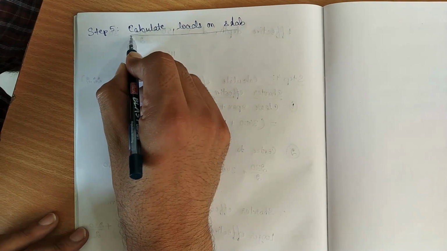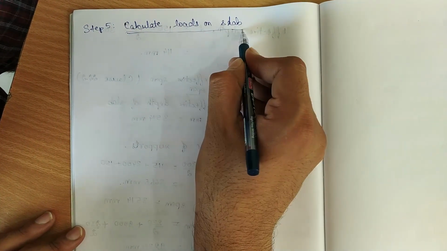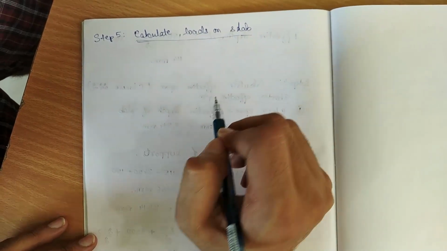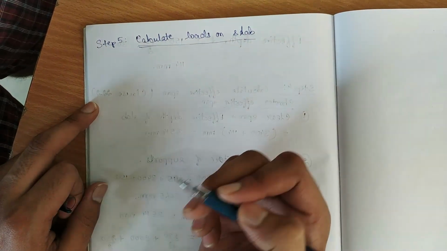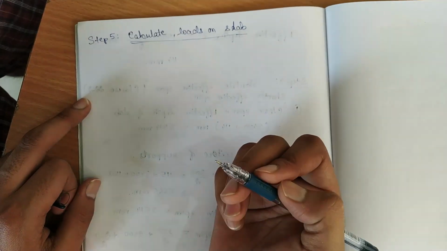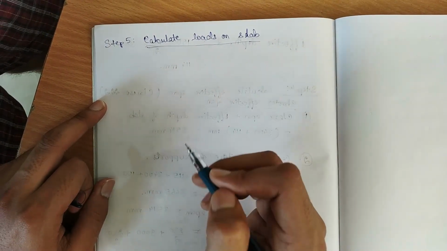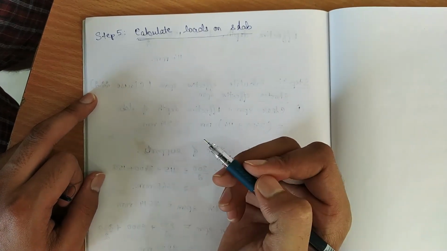So what are the various kinds of loads? First is dead load and second is live load. So what is dead load comprises of? Dead load is comprises of self weight and the load of finishes and partitions.